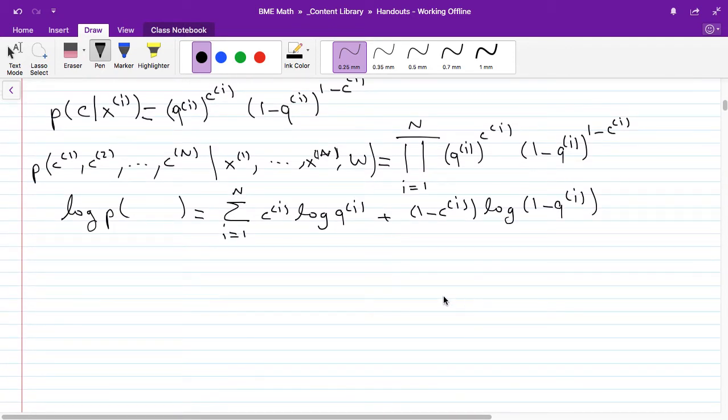Okay, so that's our log likelihood in terms of the posteriors, Q, and the classes ci. This is our data.